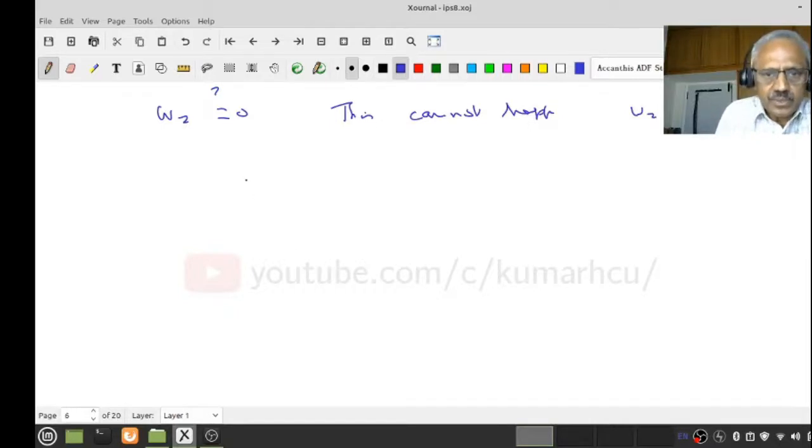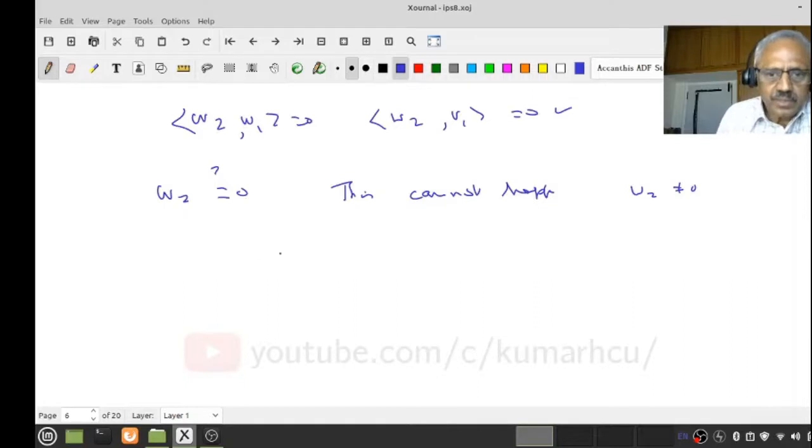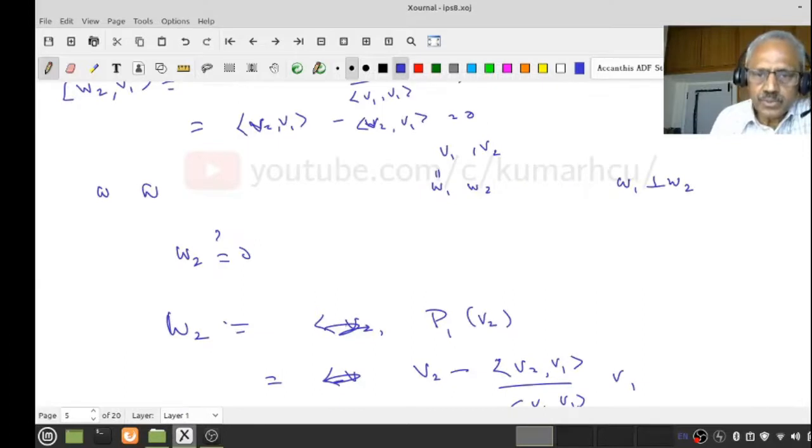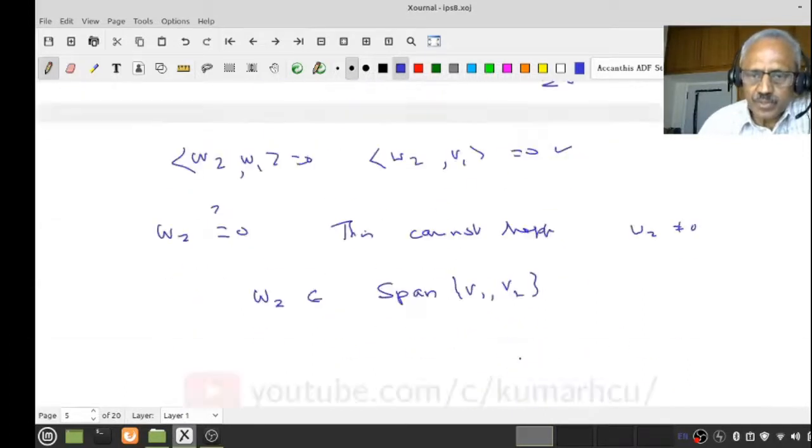Now let's look at the next one. Notice that w2 belongs to the linear span of v1 and v2, because w2 is v2 minus a scalar multiple of v1. And w1 is also there because w1 is nothing other than v1.